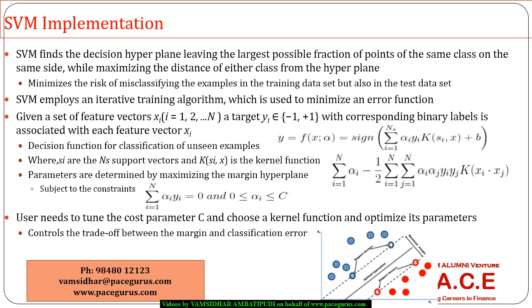When it comes to the implementation part, of course, we are not getting too much into the mathematics of it. By now itself, you should have got clarity on how the support vector machine typically works. So process-wise, the support vector machine is trying to identify that decision hyperplane which separates the largest gap, leaving the largest possible fraction of points of the same class.